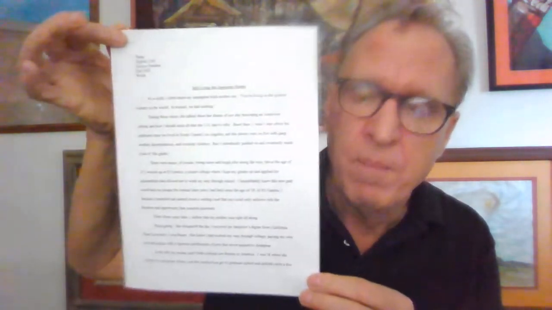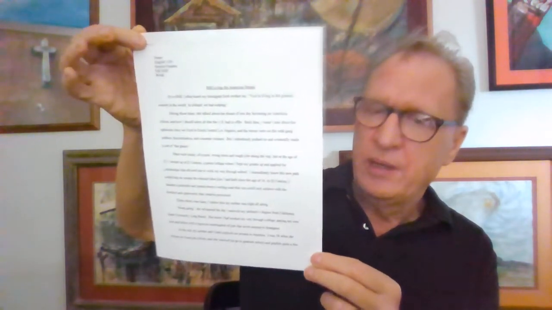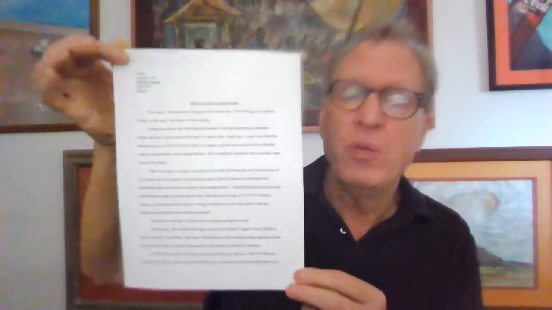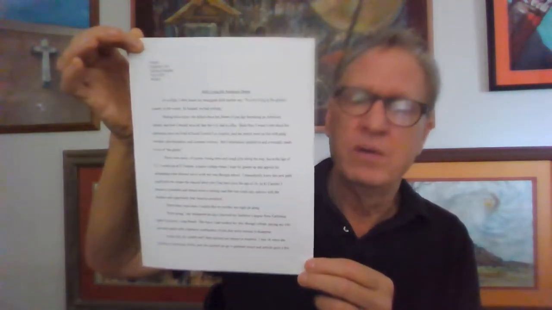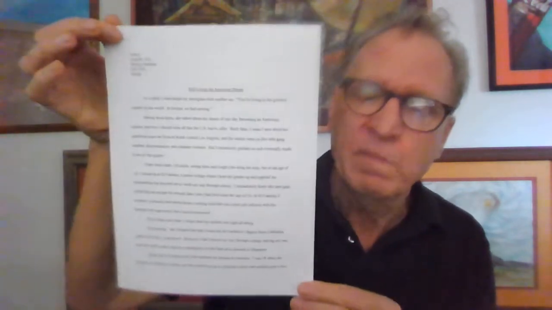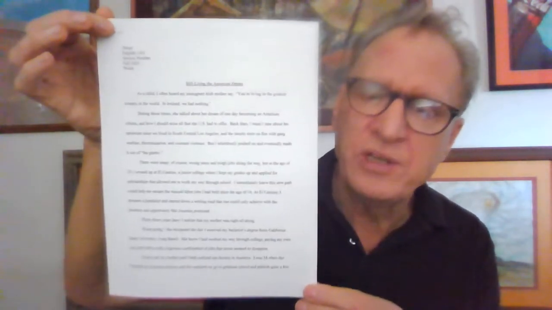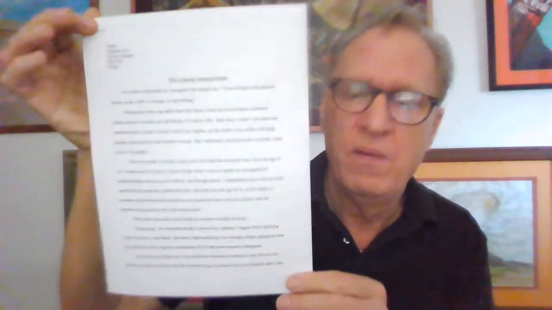That is a perfectly formatted Modern Language Association format for an English 1301 essay, or basically any essay you'll write in any class in college. If you turn it in looking like this, you're off to a good start. Remember that a professor, the first thing they'll look at is what does the essay visually look like? Visually.